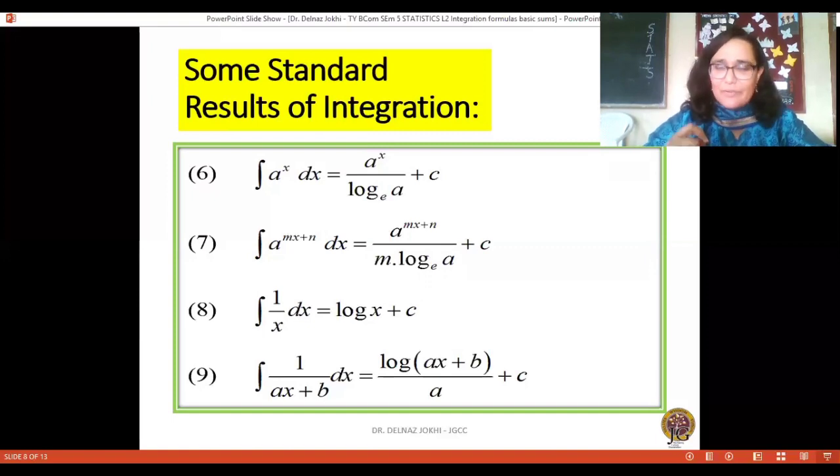Now see, number 7, अब आपके लिए easy हो जाएगा. Check out. Integration a^(mx+n) dx. x कहाँ पर है? ऊपर, correct? So what do we do? Copy and paste. Look at the numerator. It is a^(mx+n) upon log of a तो होगा ही to the base e, correct? m कहाँ से आया? हाँ, you are smart.